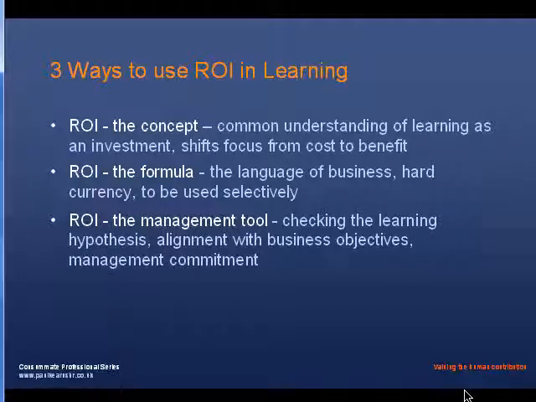So again, if you have a conversation and include return on investment with senior management, they will either very quickly dismiss ROI or they'll start to think more clearly about what learning really can do for the organisation. So don't dismiss ROI just as a formula. It can play a very, very important part in helping everybody in your organisation to take learning more seriously.